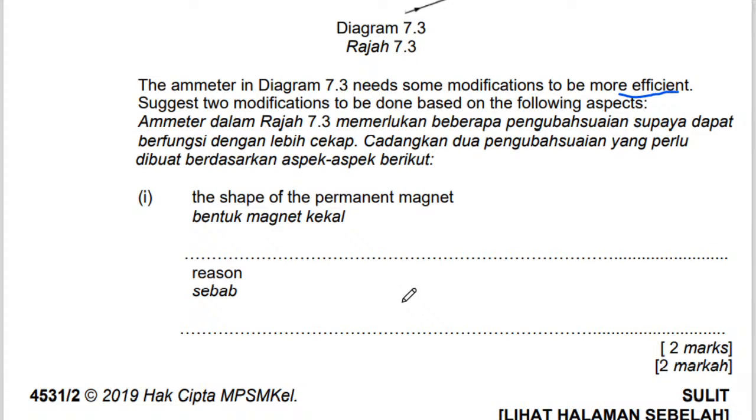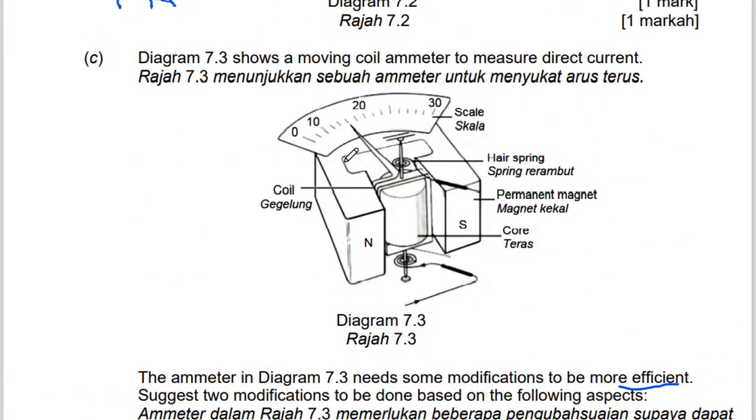Magnetic field more concentrated. Okay, we look at this first. Shape of the permanent magnet, C shape. Okay, C shape can be accepted, or you can write... wait, do they have a C shape?